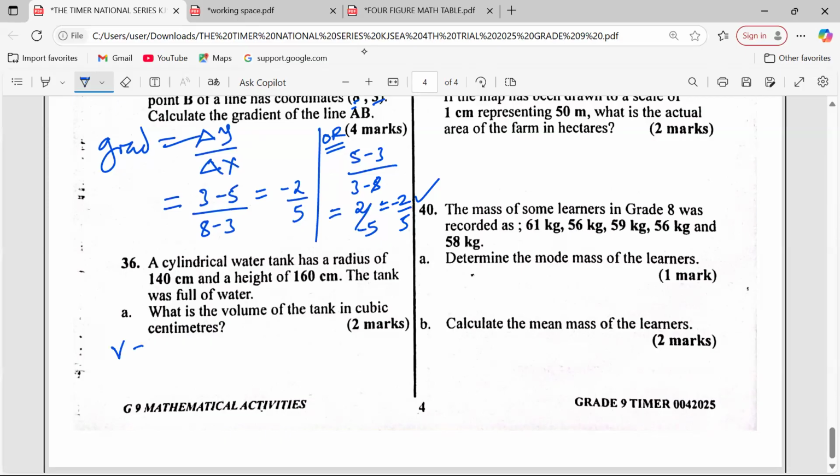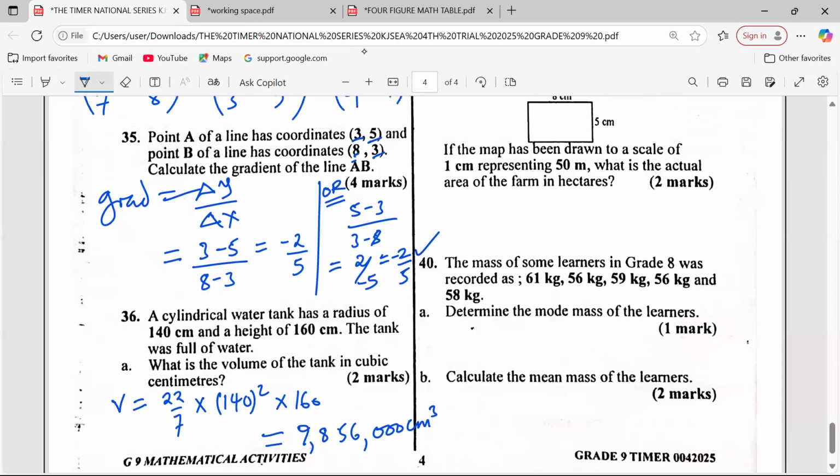Therefore, volume is pi r squared times h. So this is going to give us 9,856,000 cubic centimeters. It's volume, cubic centimeters.